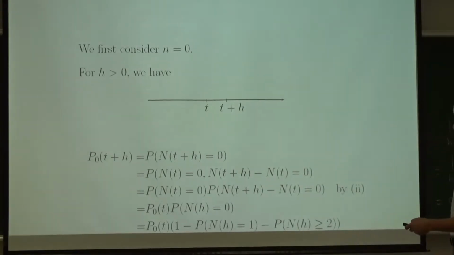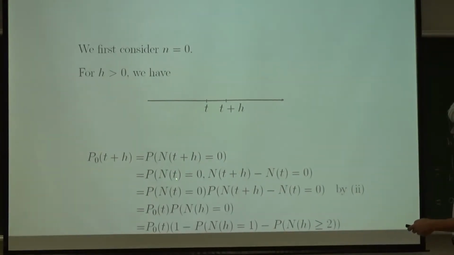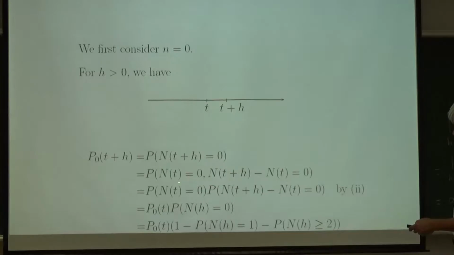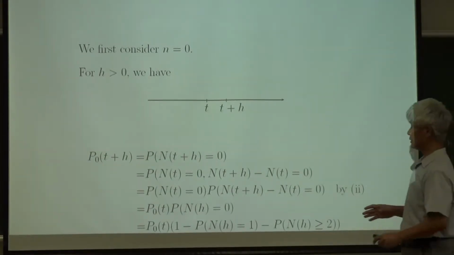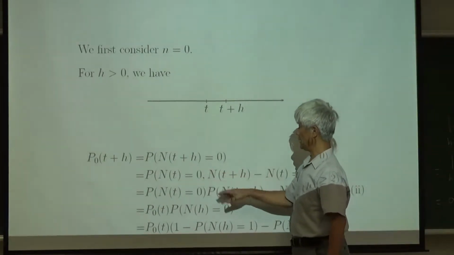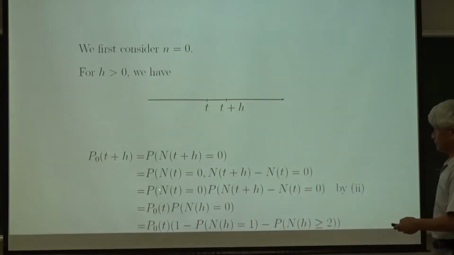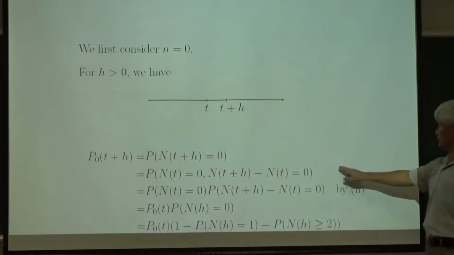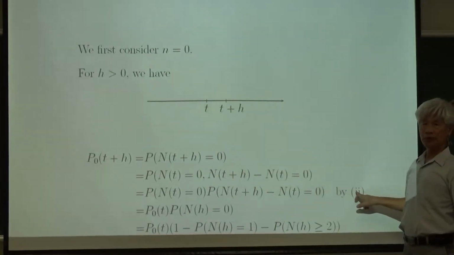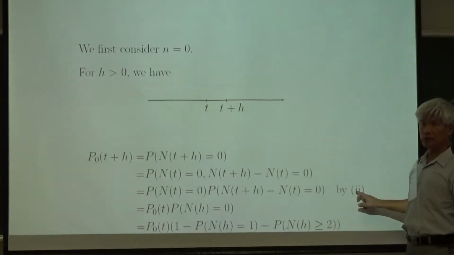Now because N_t and this increment are independent, because we have independent increments, right? So the joint probability becomes the product of the probability of each individual event. Okay, so here we use the independent increments assumption, the Roman 2.